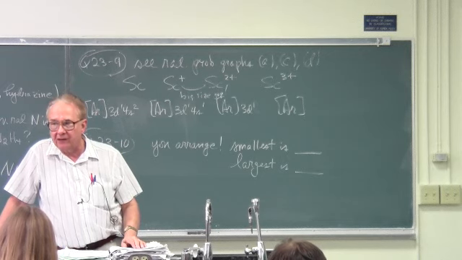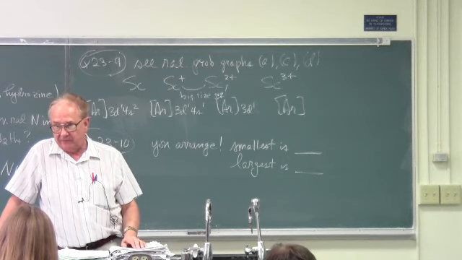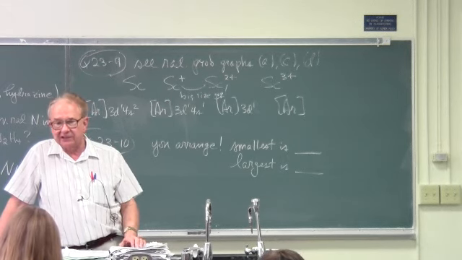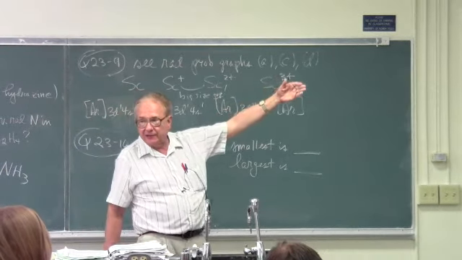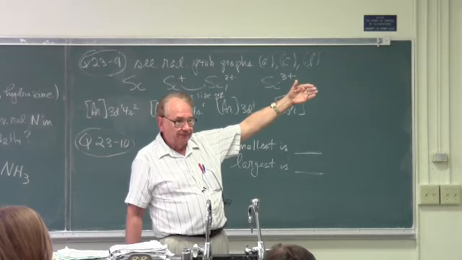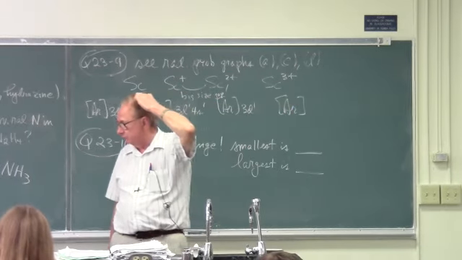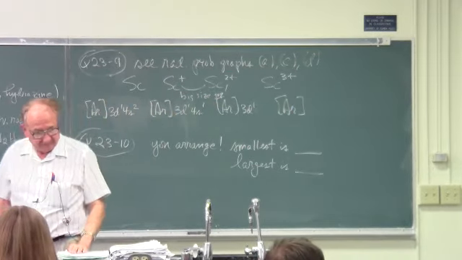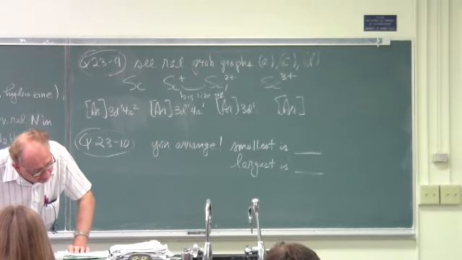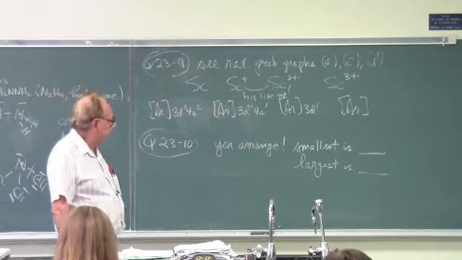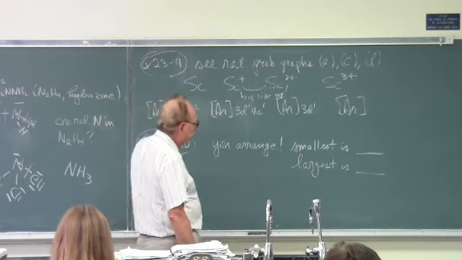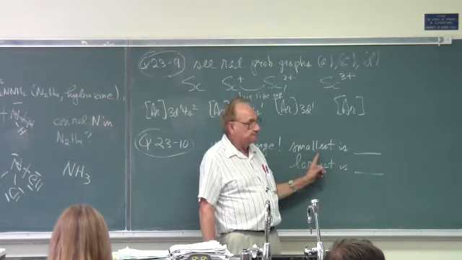And we already know how to compare the size of the atoms based on periodic size trends we've already considered. As we go left to right, the atoms are getting progressively smaller. So, with that, when I look at the species listed in 2310, you look at them. Which one is the smallest?